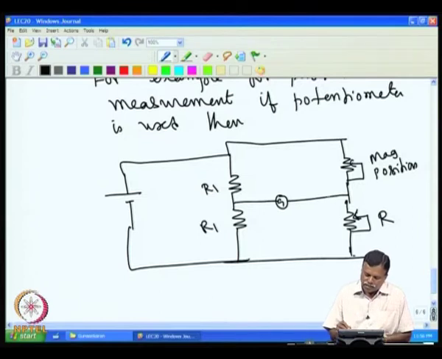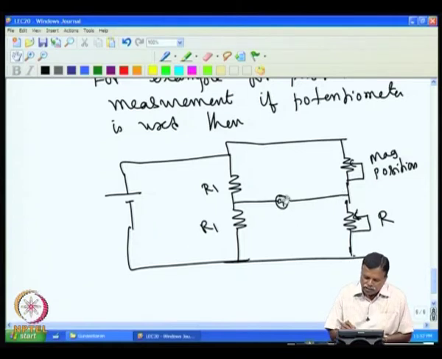Once the balance is obtained, this value is equal to this value. So I know the position value from this reading. Now the important point is that all of them have equal drift. So temperature has no effect on this, and even if this voltage changes, the galvanometer value is not getting affected; it is always balanced because it is a null method.